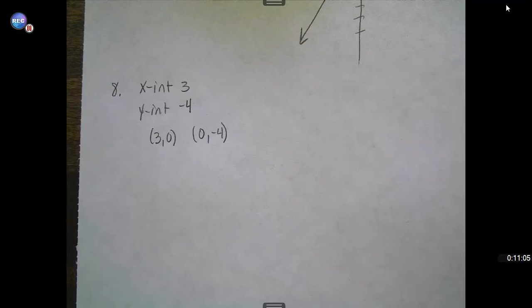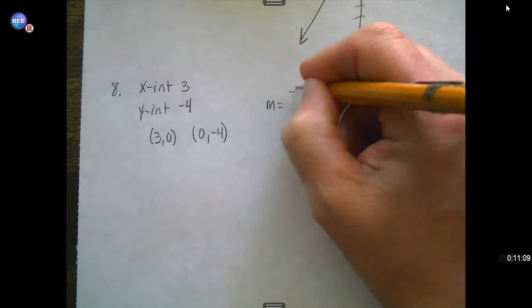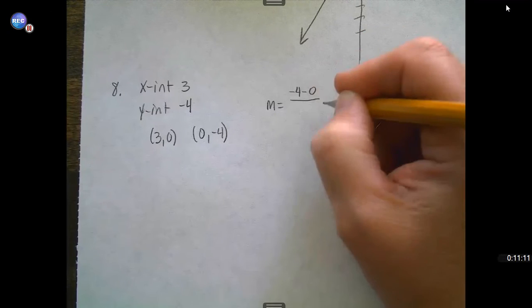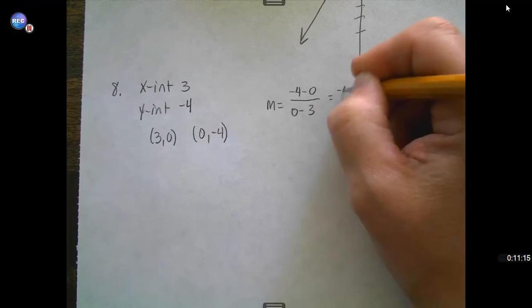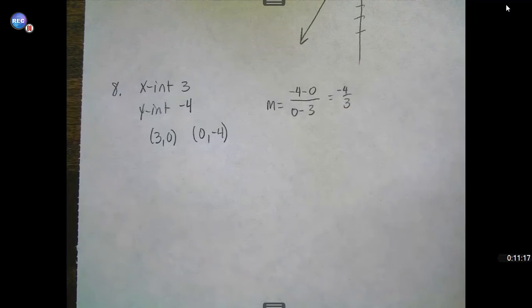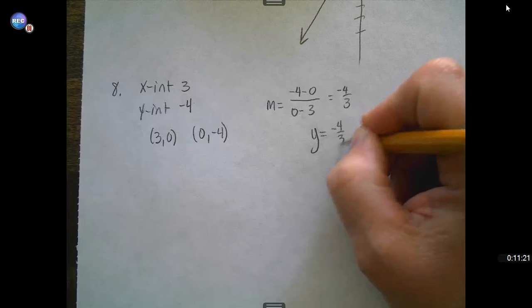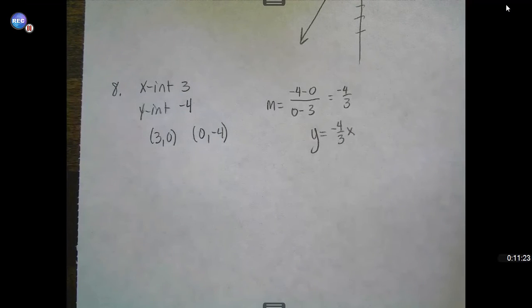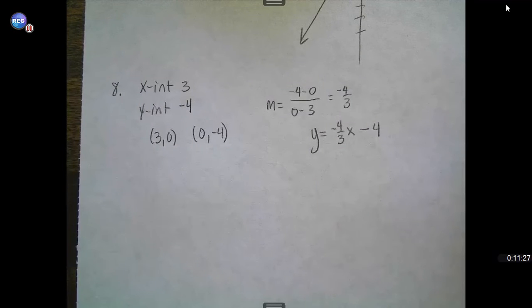My slope is y minus the other y over x minus the other x, and it looks like I get -4/3. So I have y equals -4/3 x plus b. Well, b is -4. They gave me the y-intercept.